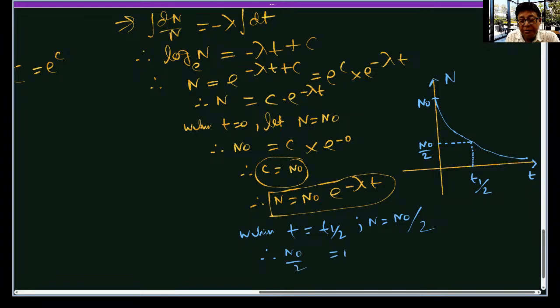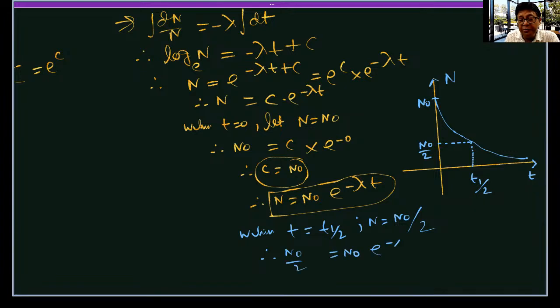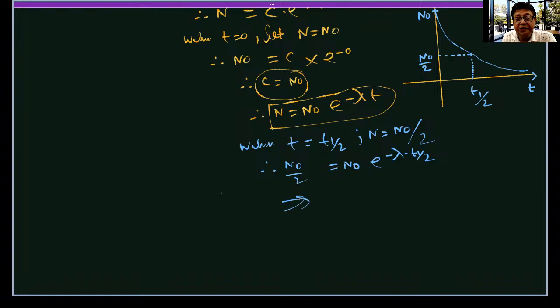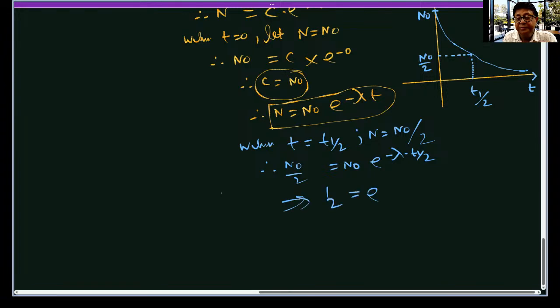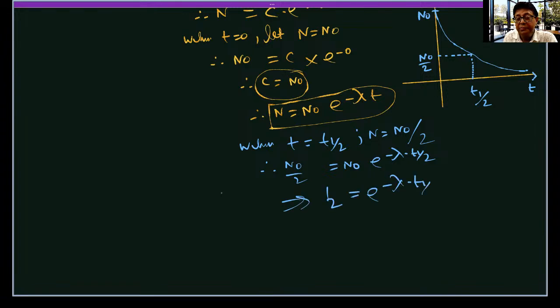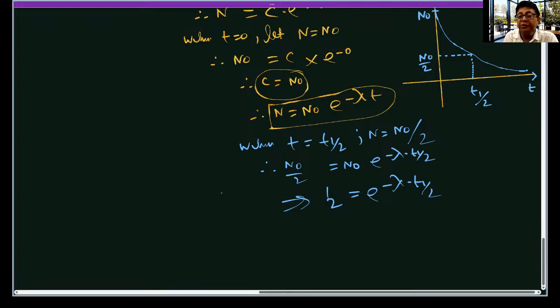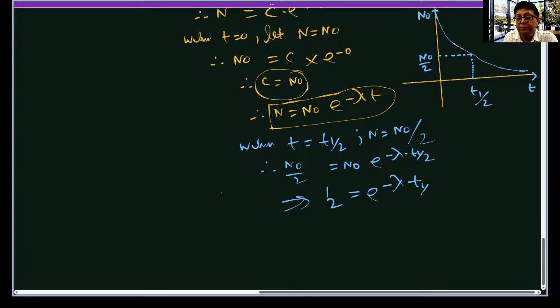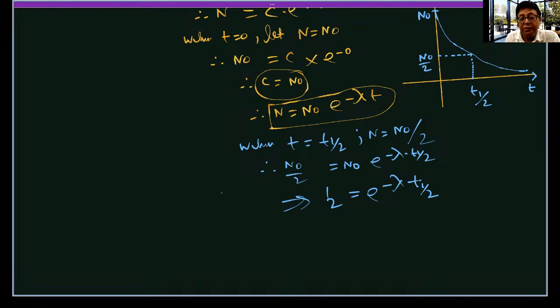Therefore, n0 by 2 equals n0 e to the power minus lambda into t half. So this implies, half equals e to the power minus lambda into t half.